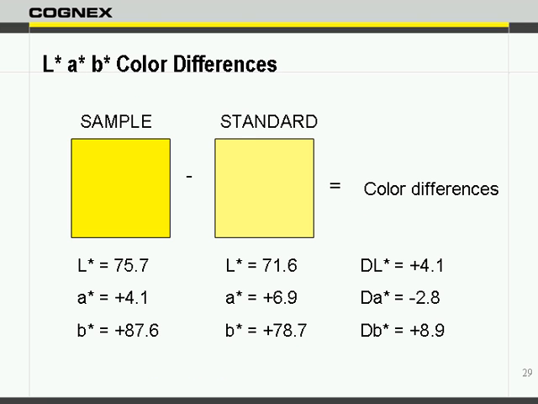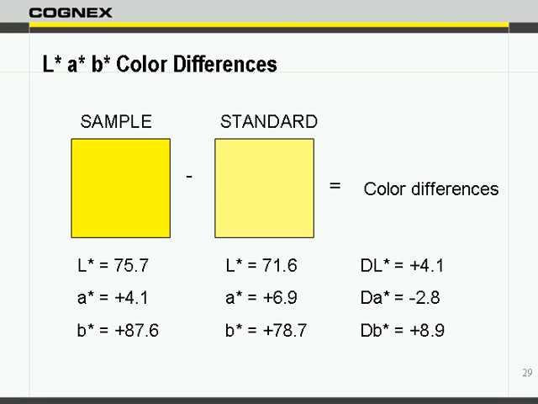For example, in LAB, we have these two samples. If the standard is our learned value, we have the sample, or the current part. The difference between them will be reported. You see it's a little brighter, so the L value is a little higher, so the delta L is greater than 0, it is positive.